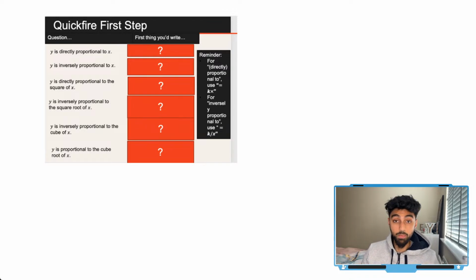Okay, so no numbers, just variables and k. Similarly, y is inversely proportional to x, y is directly proportional to the square of x, y is inversely proportional to the square of x, and so on and so forth. Okay, and then we have cube of x, and then we have cube root of x. This is a tricky one. But if you can sort of understand this, then it shows you have a really solid understanding.